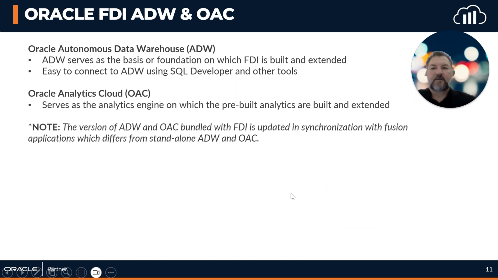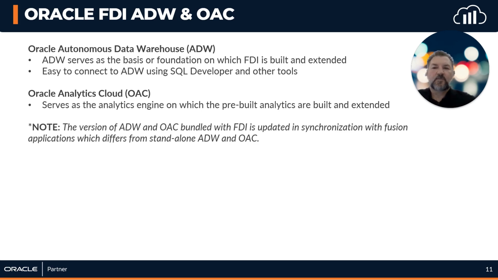Now, the primary components of this are the autonomous data warehouse and Oracle Analytics Cloud. There is a notable difference. These products exist as standalone products, and then they exist within the construct of FDI. Where they exist as standalone products, they are updated once every 2 months.